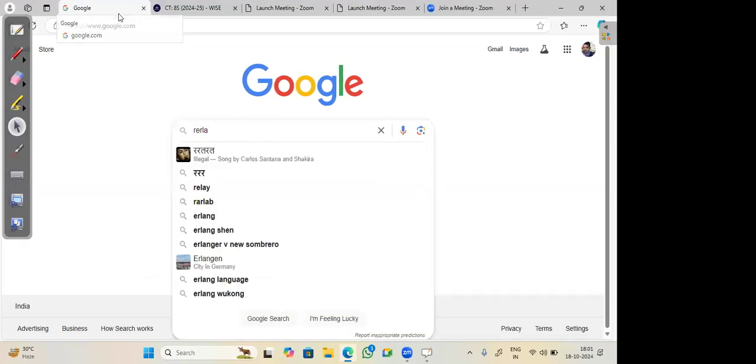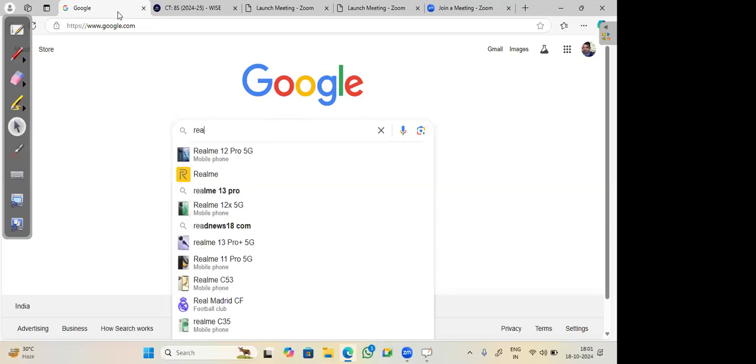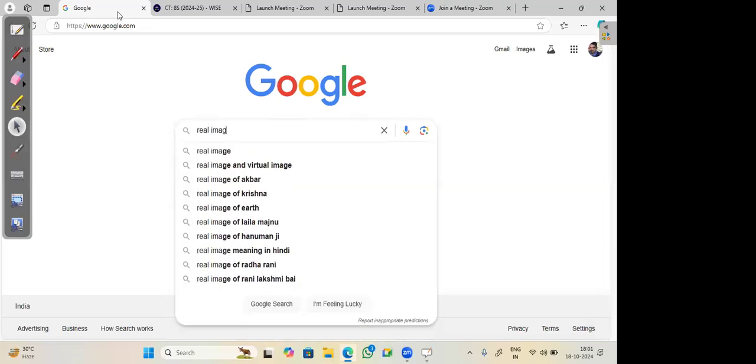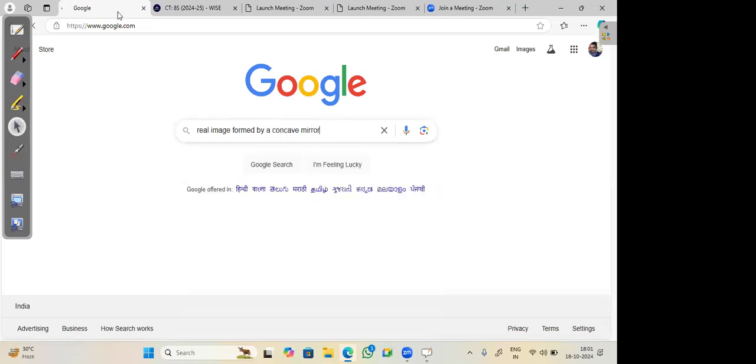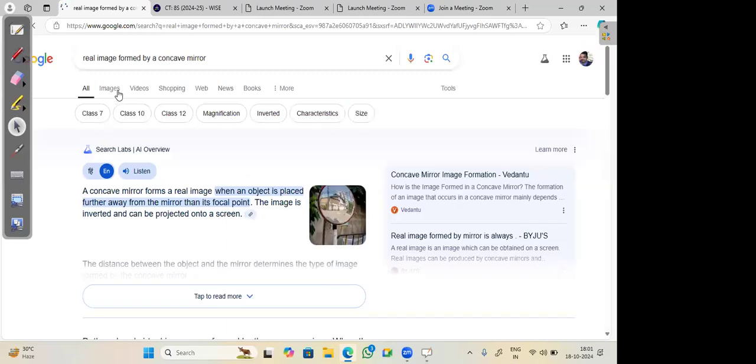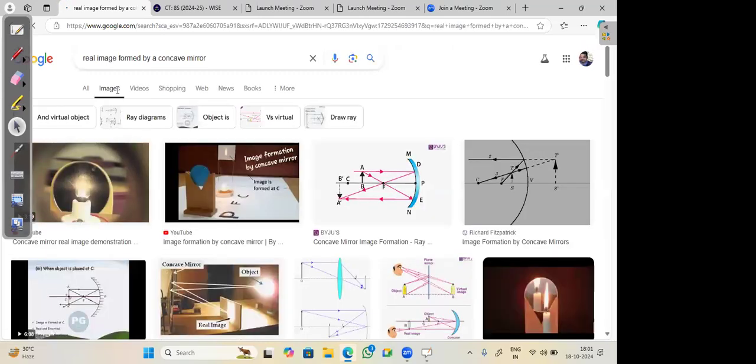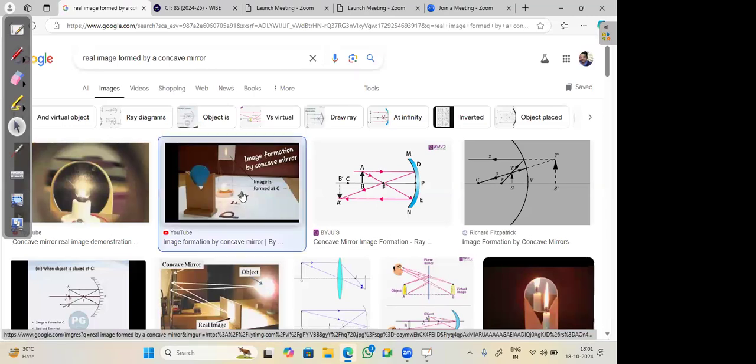You see, this is how a real image looks. Okay, see, this is what happens when we form the image with a concave mirror.